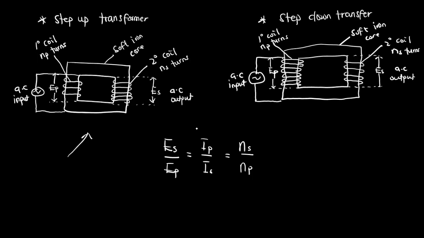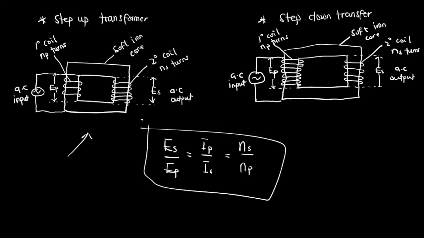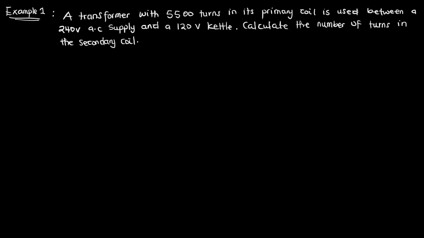We can use this side as 1, this side as 1, and this and this also as 1, so we can get all our formulas from here. Now that we know this expression, let's go ahead and have some fun solving some problems on transformers.